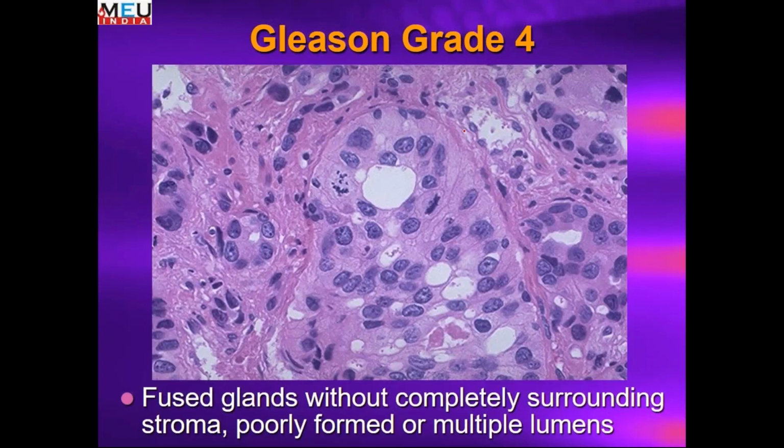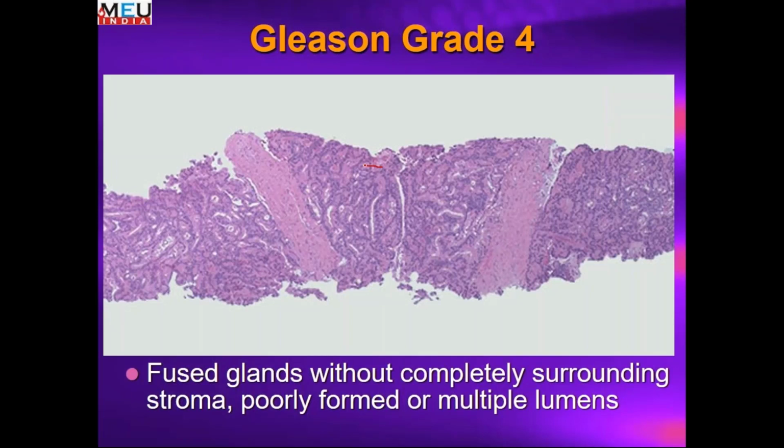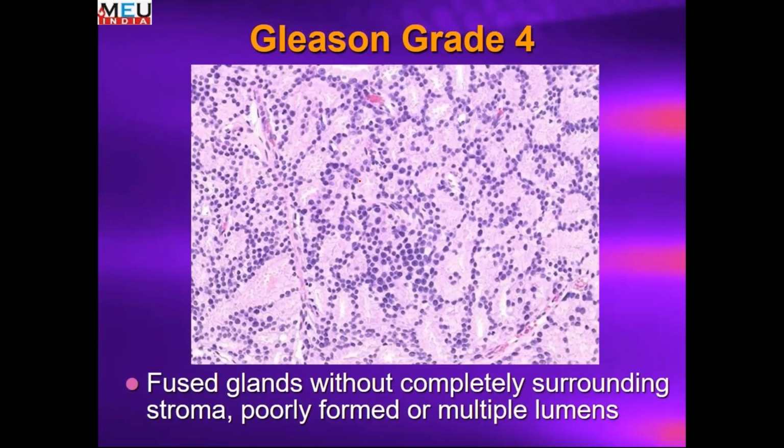And if we see on high power, you can see that they are merging, and there is very little stroma, and prominent nucleoli can be seen, and mitotic figures are also seen. And on Gleason's grading, the fused glands without completely formed stroma can be seen.